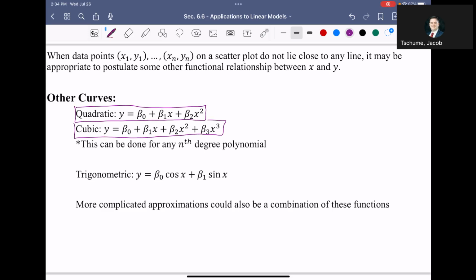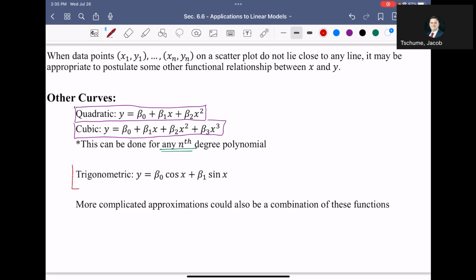Y equals beta naught plus beta 1x, plus beta 2x squared, and then you also add a beta 3x cubed. And like I said, this can keep going and going for any degree polynomial you can think of. But keep in mind, the more variables or coefficients you have to solve for, the more work you're going to have to do. So we're going to do one of those in just a second.